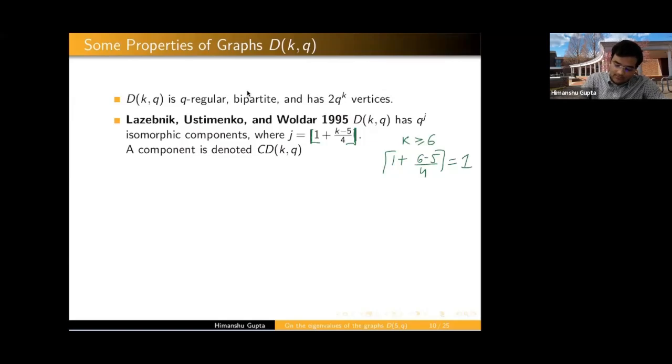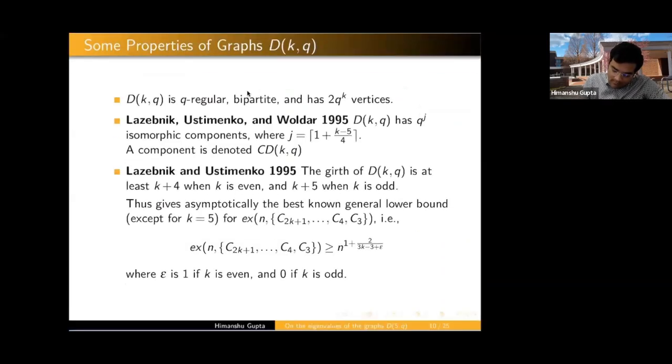That's where we get some floor or ceiling over here, and we have that many connected components in these graphs, and each of them is isomorphic to each other. A connected component we will denote by CD(k,q). So we can basically study one component because all of them are isomorphic to each other.